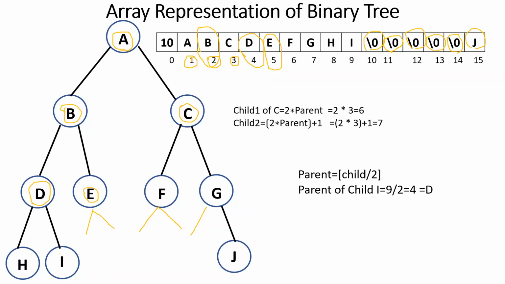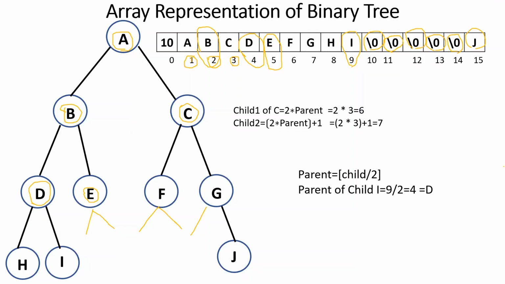So here, I have given the example: child index of I. What is the index of I? Index number of I in the one-dimensional array representation? 9, ma'am. So in order to get the parent of I from the one-dimensional array, what do we have to do?